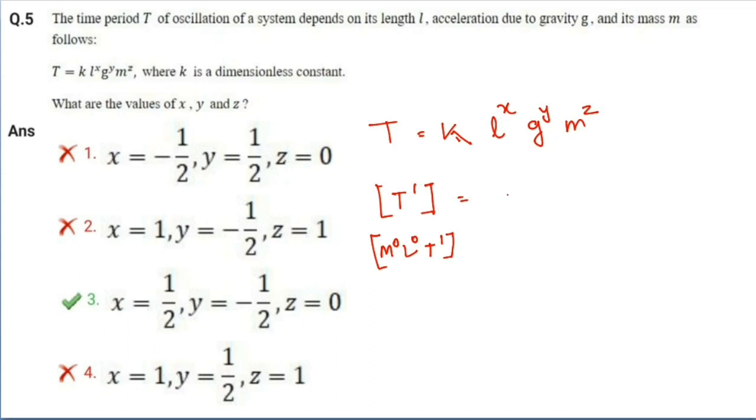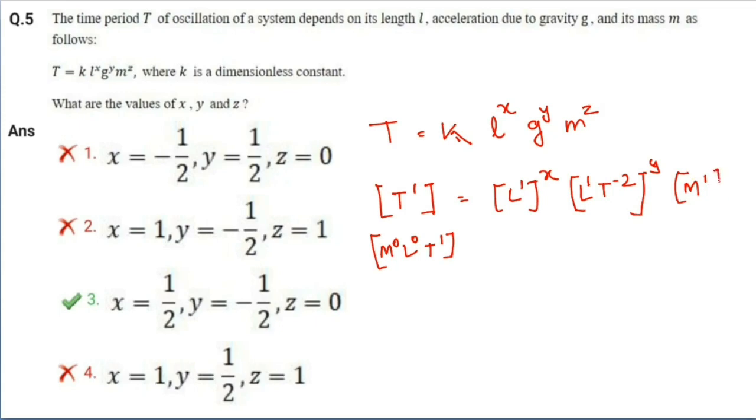Here k is constant, and L is length, so L^1 to the power x. Then acceleration due to gravity g has dimension L^1 T^-2, to the power y.